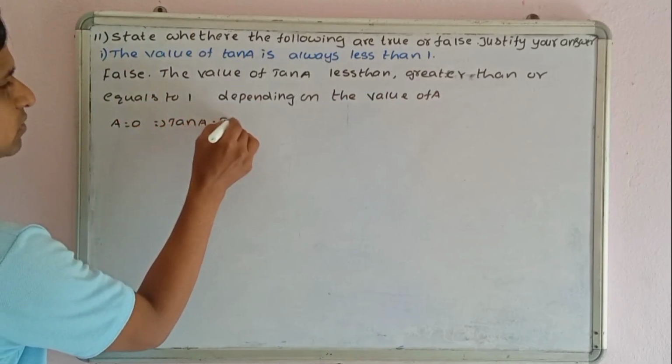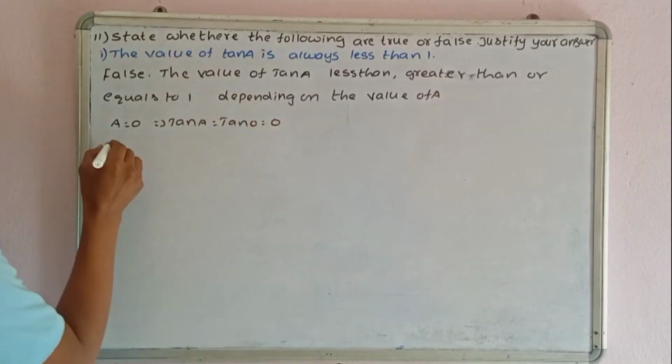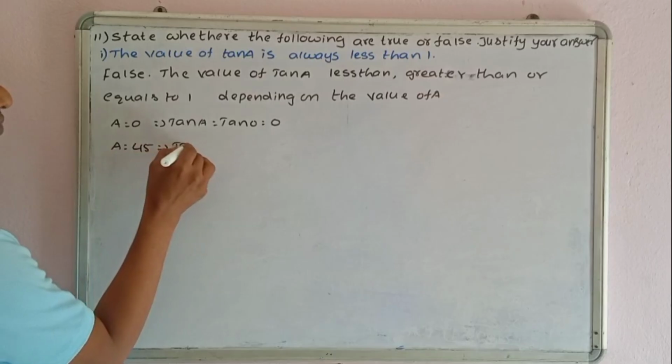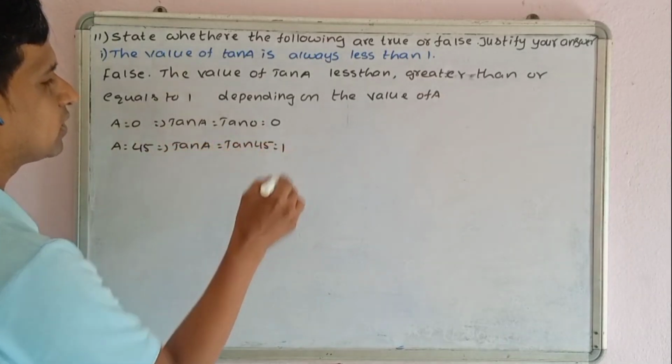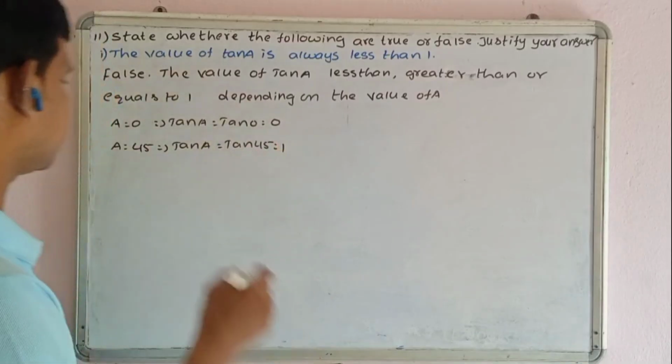Tan A equals to tan 0, that is 0. If A equals to 45, so tan A value how much? Tan 45 value 1. So this is less than 1, equals to 1.